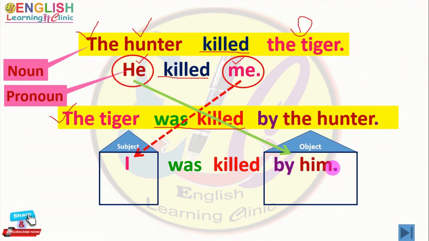In the same way, subjective form of the pronoun I is I and the objective form is me. Now I will show you how to remember the subjective and the objective form of the pronouns without merely cramming it.